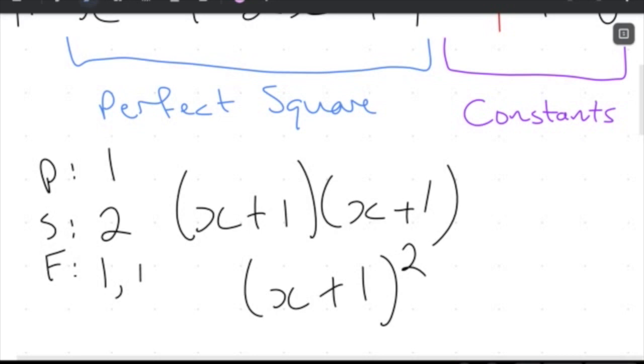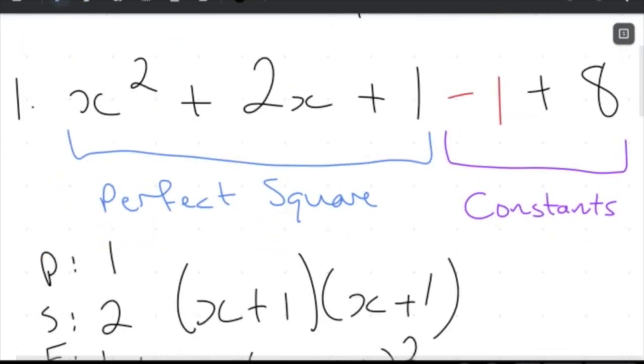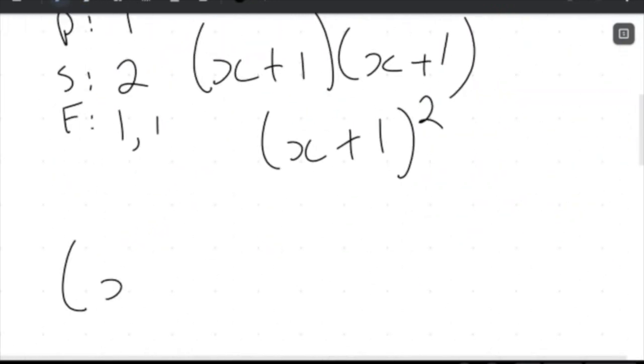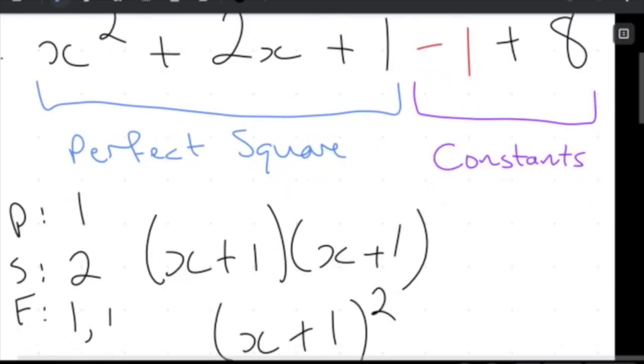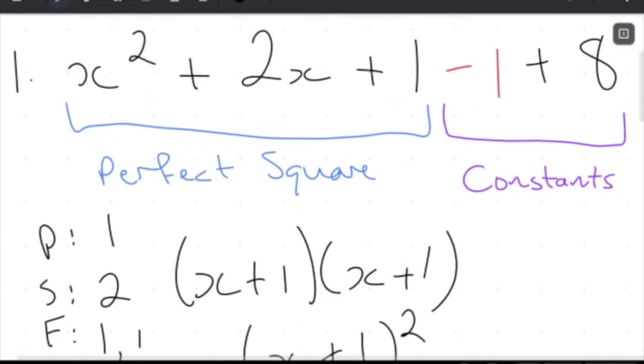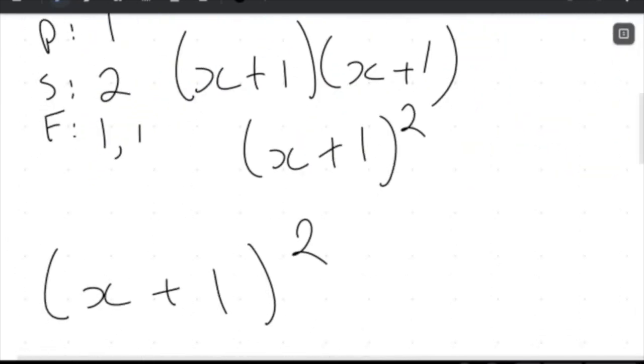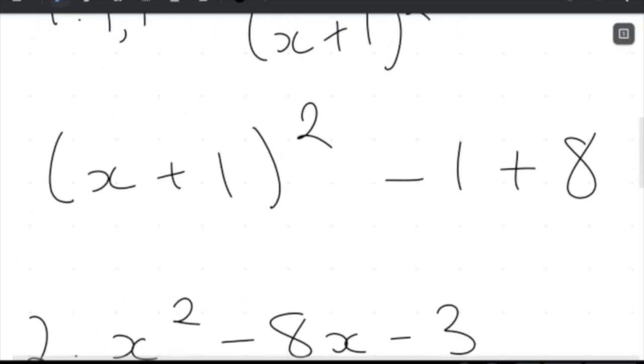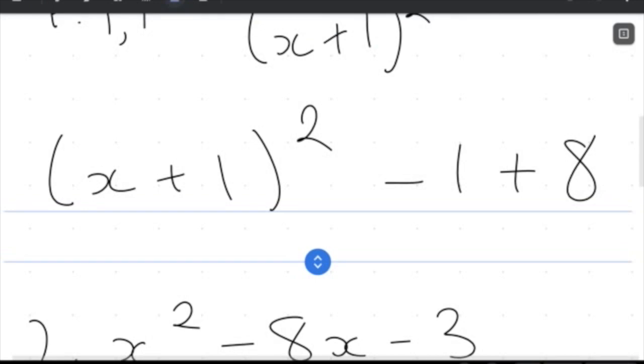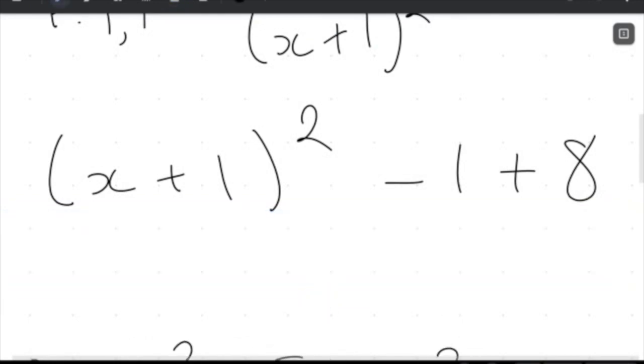So let's write that instead here. So my perfect square now becomes x plus 1 all squared, and from that I have to subtract 1 and add 8. So I'm going minus 1 plus 8. And now minus 1 plus 8, that is the same as just writing 7, because I know how to work with whole numbers.